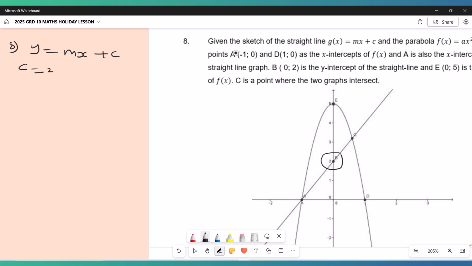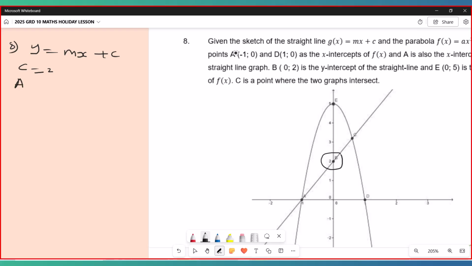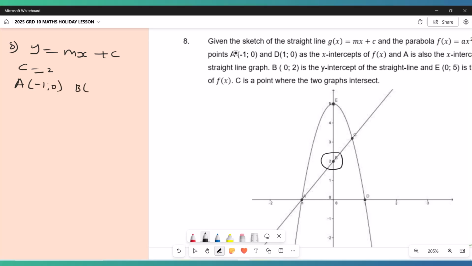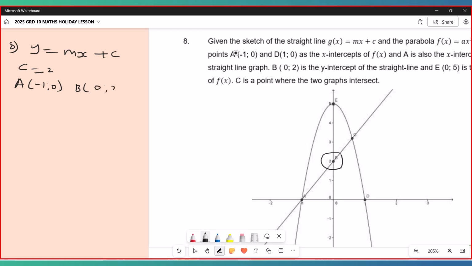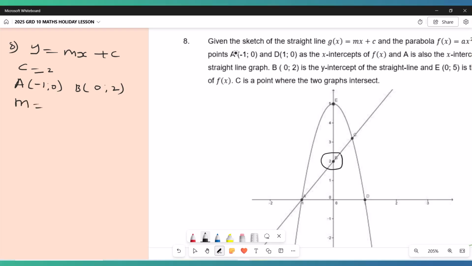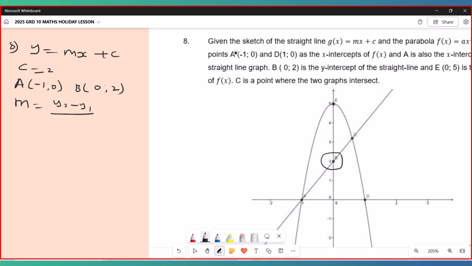So to get our m, I'm going to consider two points, point B and A, to get my gradient. M stands for gradient. Point A, we have (-1, 0), and point B, we have (0, 2). So our m is going to be y2 minus y1 over x2 minus x1.